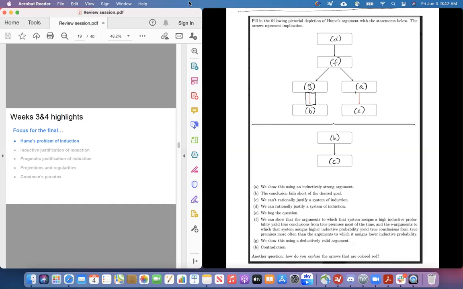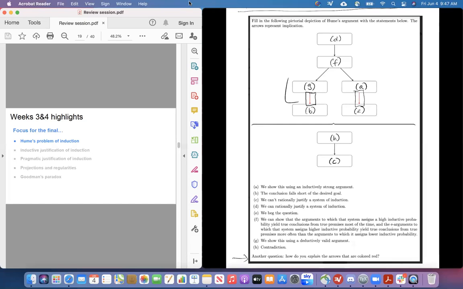It's all well and good to know that you're begging the question, but why? We're interested in why. So that's why I've asked you down here, how do you explain these arrows that are colored red? And so I'm going to walk you through what I expect from an explanation of these arrows here.